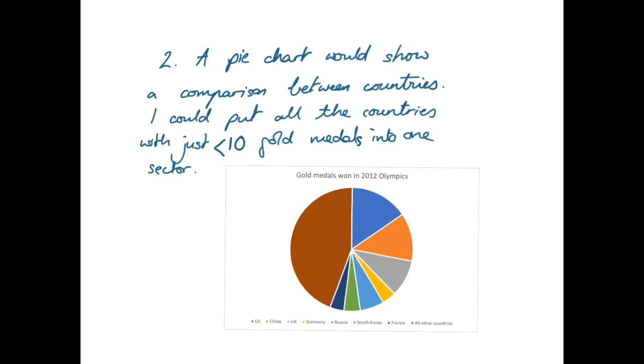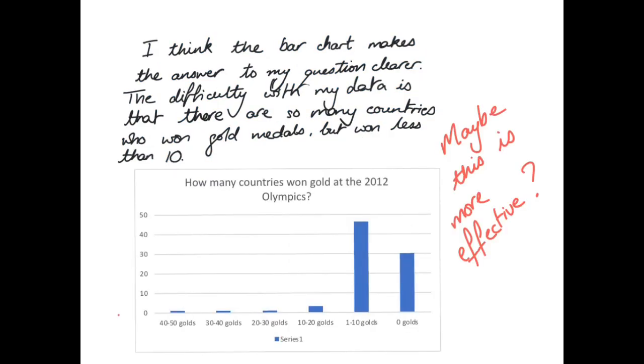Maybe I should have made my question amongst the top 10 scoring countries to see who won what. So between the two, I think the bar chart was still a clearer way of showing the answer to my question. But the difficulty was there were so many countries who won gold medals but didn't win more than 10.